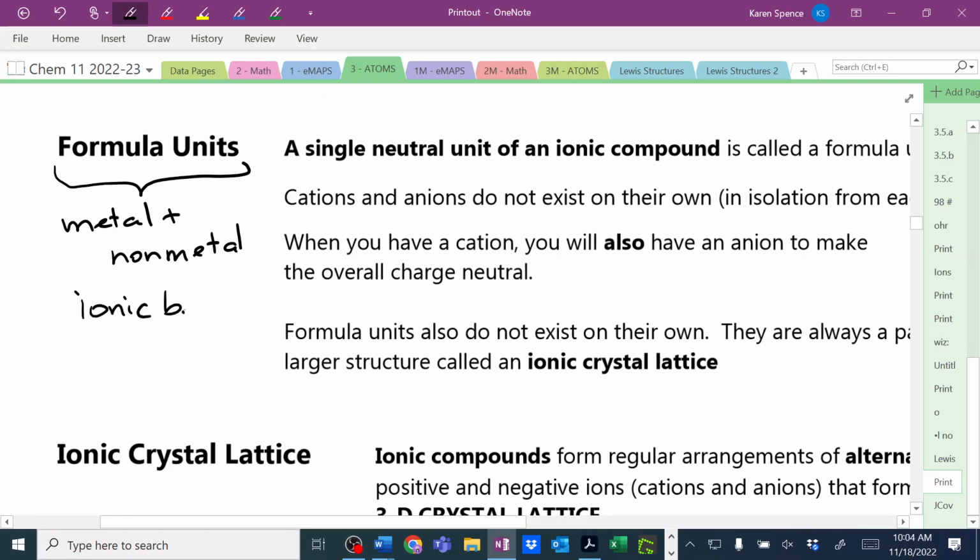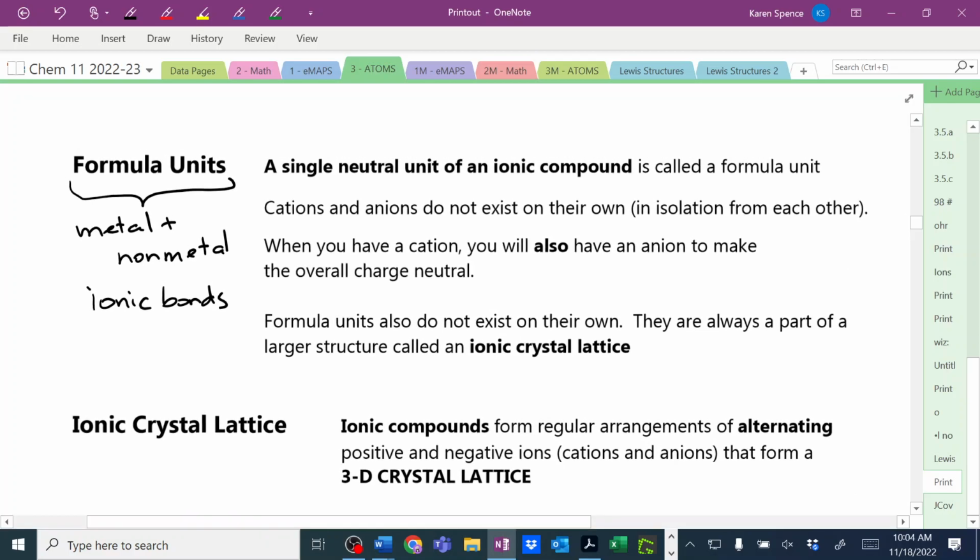Ionic bonds. So they don't exist in isolation. It would just look like this. You would have a plus attached to a minus, but they really don't exist like that at all. They are always part of a larger structure. What is the larger structure?